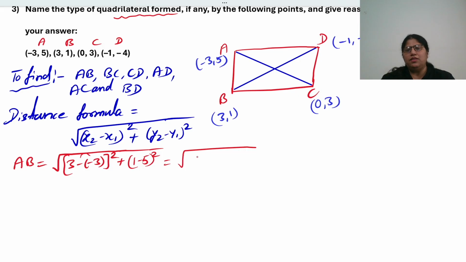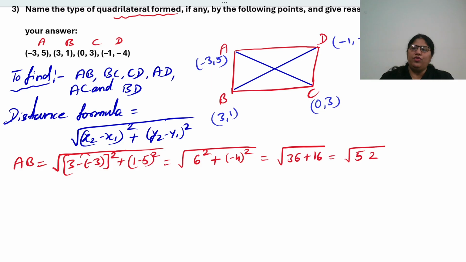So it's 3 plus 3, which is 6, 6 square, plus 1 minus 5 is minus 4, whole square. That is nothing but 36 plus 16, which is going to be root 52. Right? Now root 52, how are you going to write it in the simplest form? 13 fours are 52. Either you do prime factorization or you can directly write it if you know. Yeah, 13 fours are 52. 4 is a perfect square. So what is going to be the length if you are calculating here?